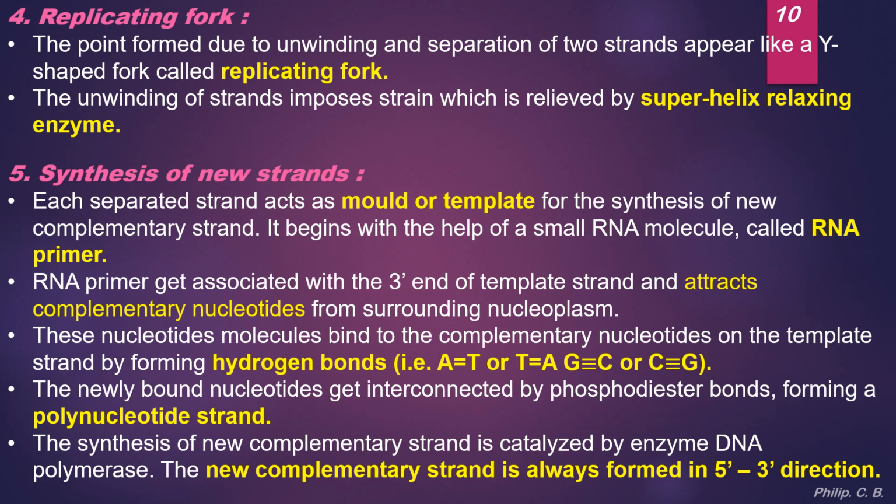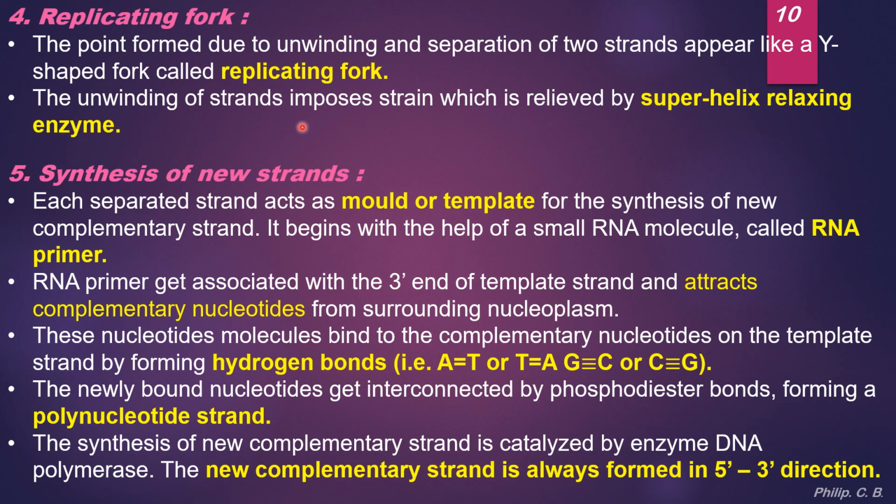Next, the replicating fork. So the point formed due to unwinding and separation of the two strands appears like a Y-shaped fork called replicating fork. So here, as we learned earlier, the Y-shaped fork or the unzipped part acts as a replicating fork.